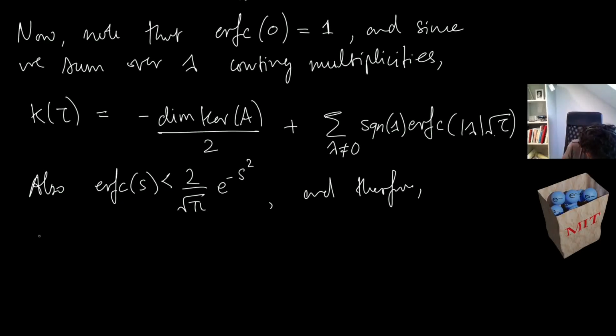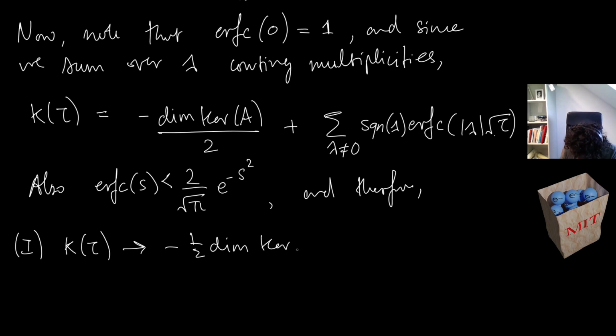We have that firstly k tau goes to negative a half dim kernel of A, which we define as Atiyah-Patodi-Singer did to be maybe this calligraphy H, some sort of H that's different from the normal H because we're using that for the metric, as tau goes to infinity.